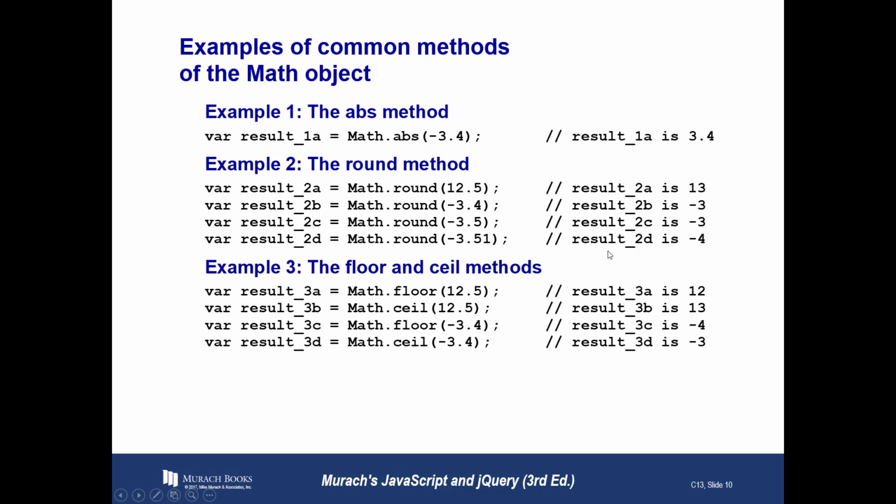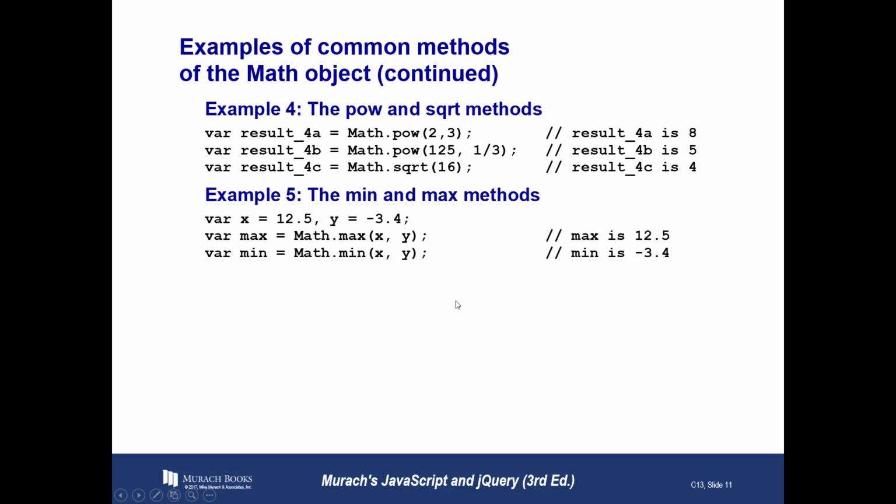All right. Here's some examples of using those. Floor and ceiling. Floor goes to the next number down, ceiling goes to the next number up. Math.pow(2, 3) means 2 to the power of 3, so 2 times 2 times 2. 125 to the 1/3 means the cube root of 125, which is 5.